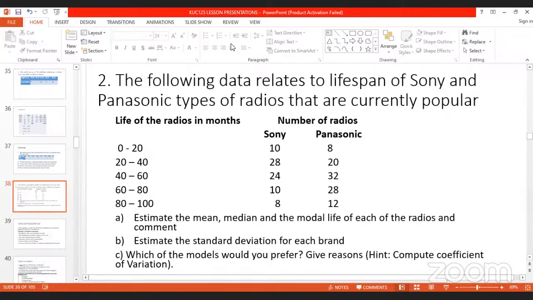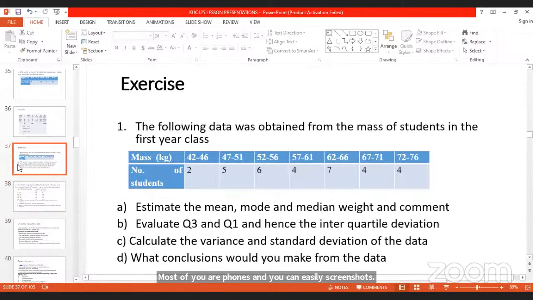Most of you have phones and you can easily screenshot. You want exercise 1? There it is. There is exercise 1.